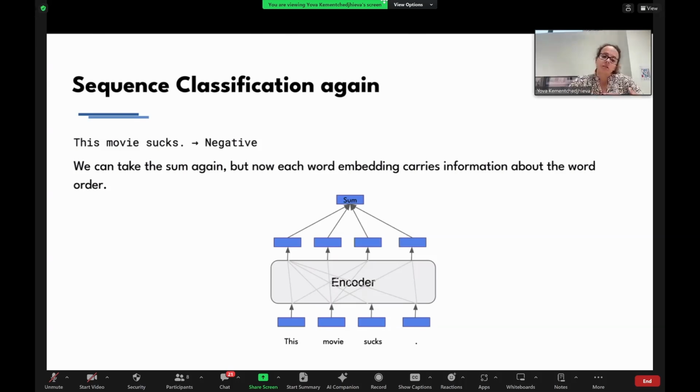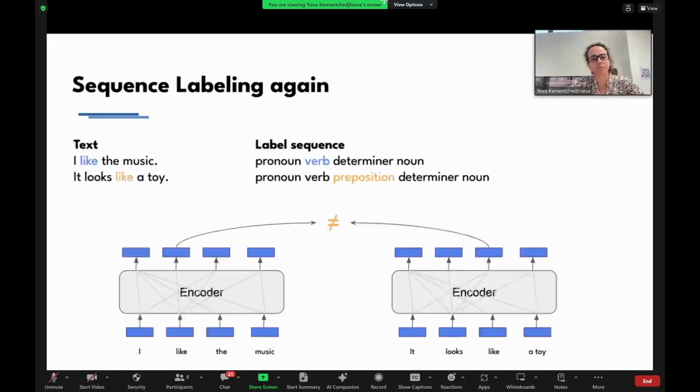And there are actually much more elaborate ways in which this can be done, but I just wanted to keep it simple for now and tell you that this is a perfectly reasonable thing to do if you want to perform sequence classification.